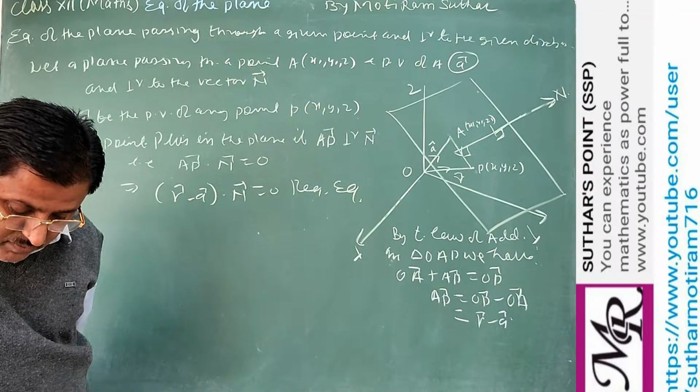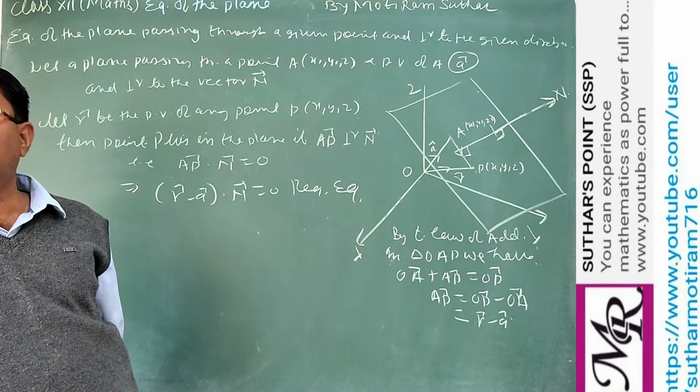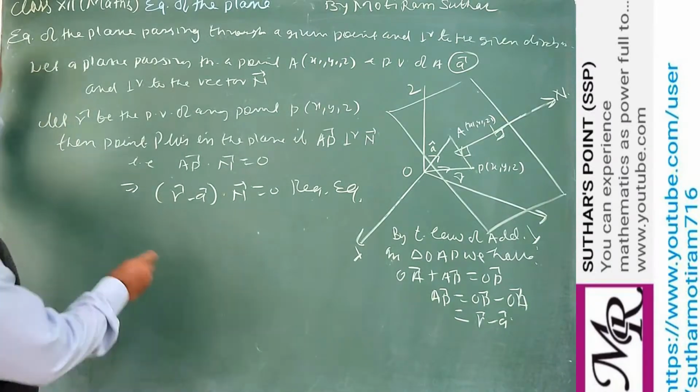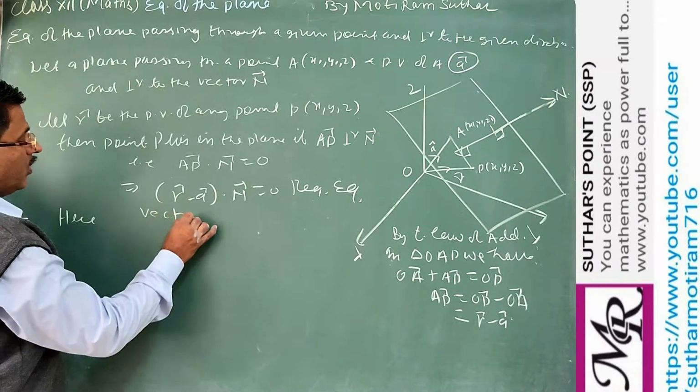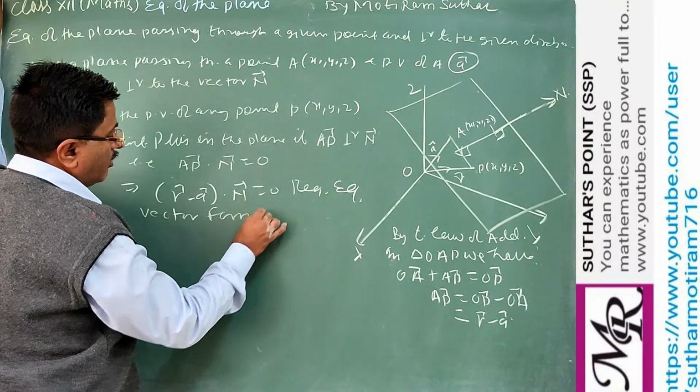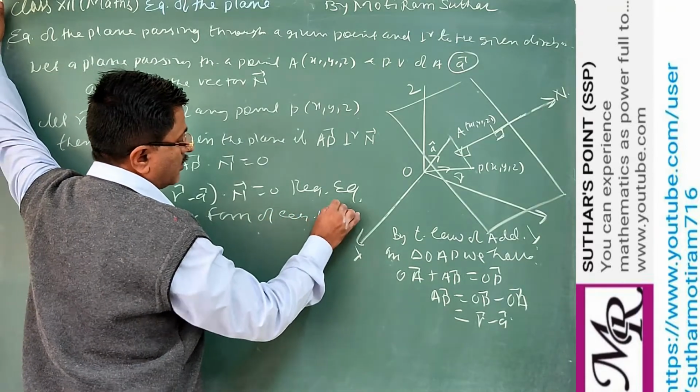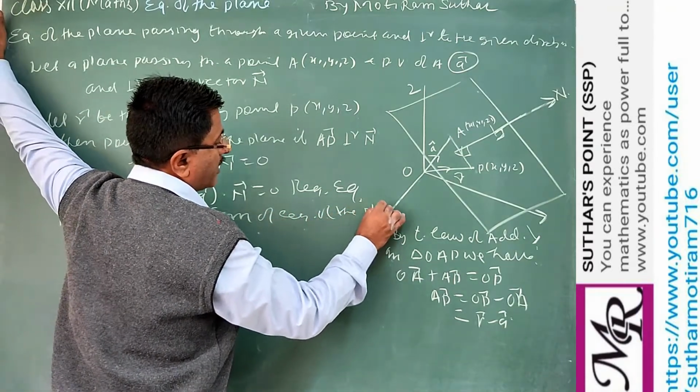Now suppose we want to convert this into Cartesian form. This is the vector form of the equation of the plane. Now find the Cartesian form.